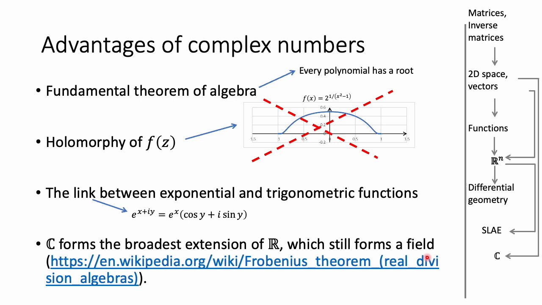As well, one can generate multidimensional complex spaces with just several copies of the capital C sort of stacked together. No, I'm talking about the algebraic extension right now in the fourth point of this list.